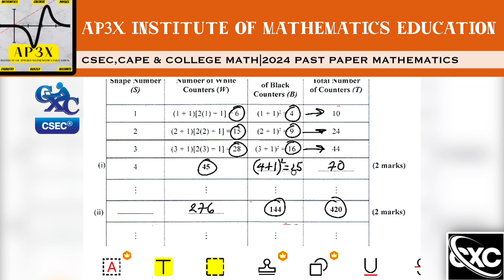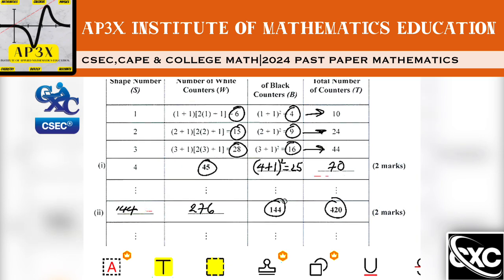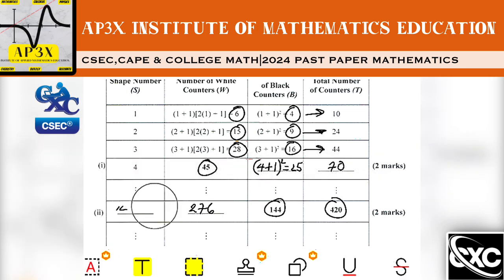If I take 144 minus the number that we had way before, that's 144 minus 25, which gives us 119. So that doesn't look too good. That's not going to be a good number.